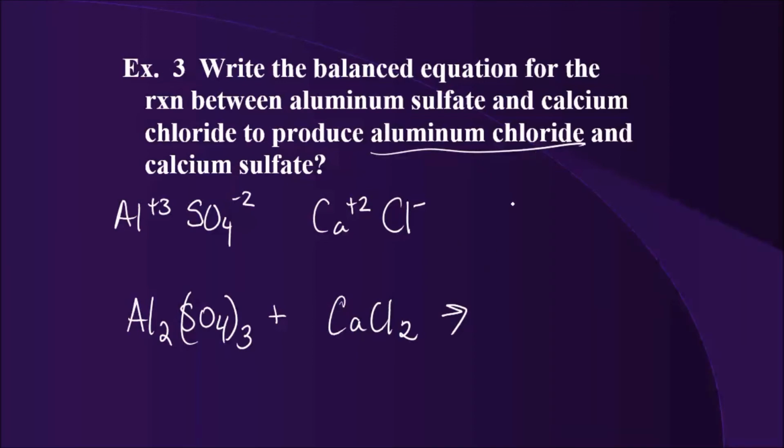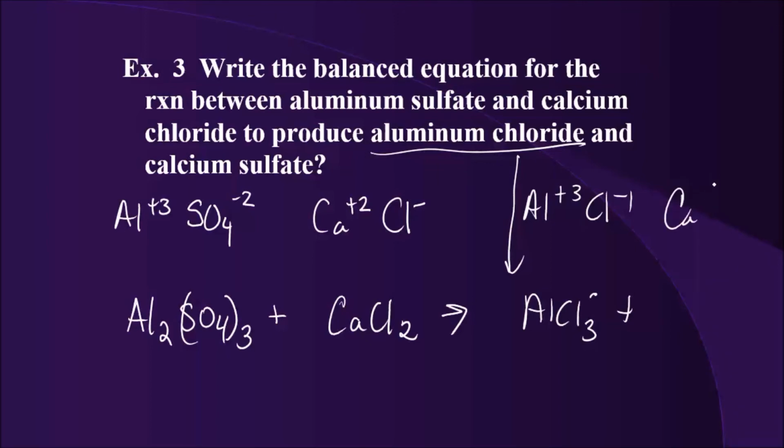Aluminum chloride. Oh, I'm sorry. Let's start. Yeah. Al plus 3, Cl minus is AlCl3. And calcium sulfate. Ca, charge. Sulfate.